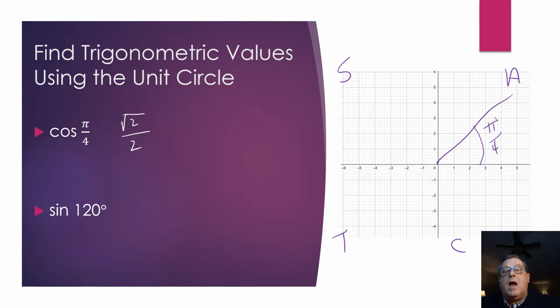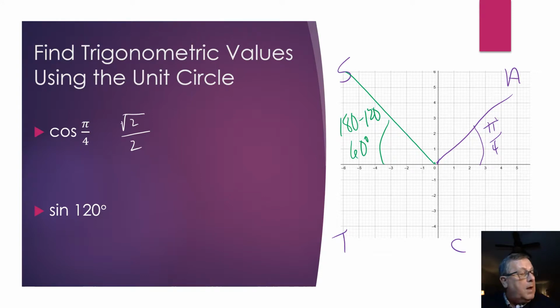All right, now the sine of 120. Well, the sine of 120 is going to be in the second quadrant. And then what's my reference angle? Well, my reference angle is coming back down this way, and if I did it algebraically, I'd say 180 minus 120. So my reference angle is 60 degrees, and I'm in the second quadrant.